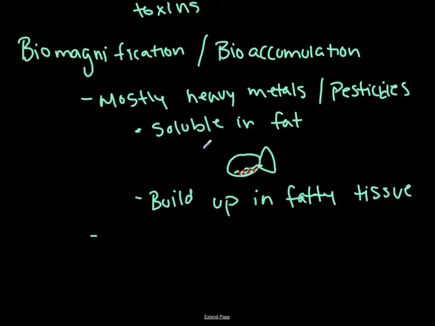So if I am a shark, and I have to eat several of these fish, I also get the addition of these extra toxins. So as you go up your food chain, you have an amplified, almost exponential amount of toxin.